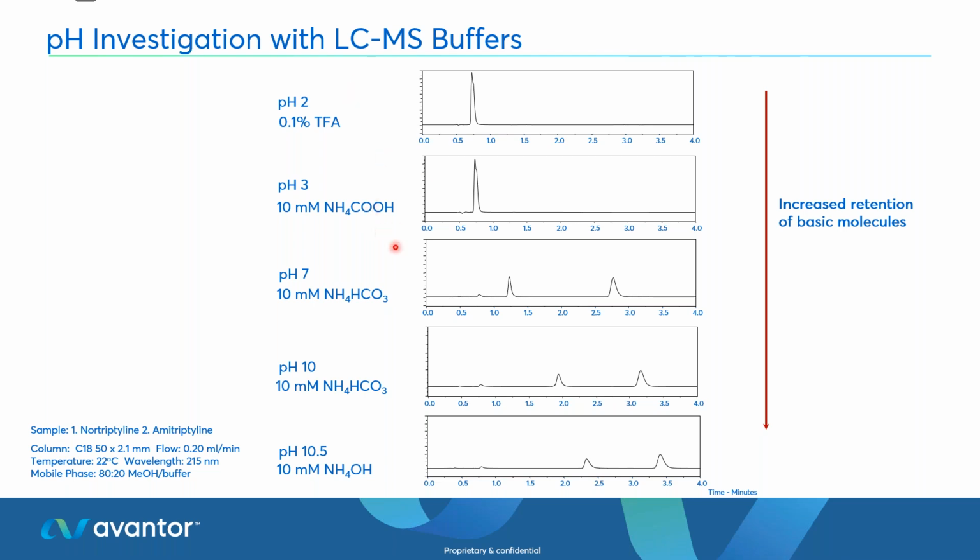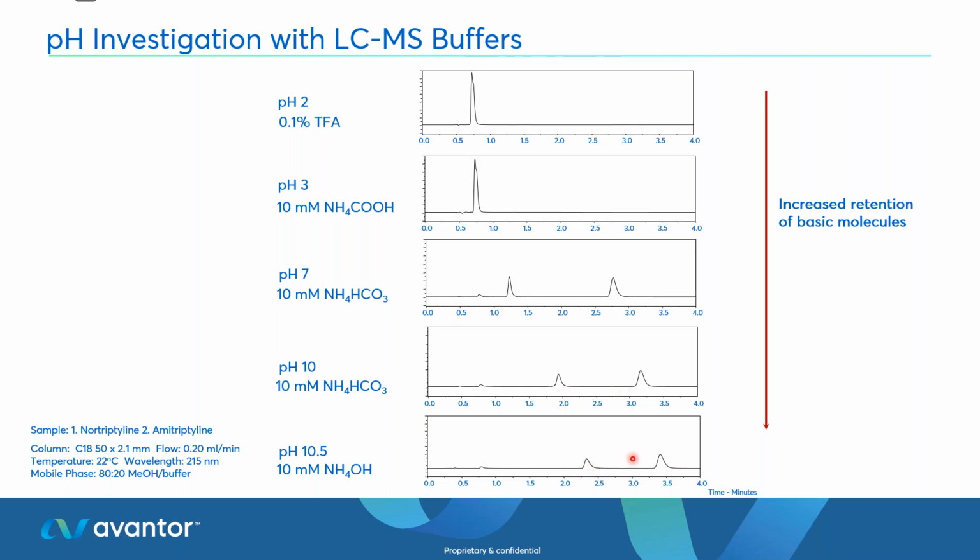And obviously you have to change the buffer to be working within the right pH range. You can see here pH 10 with ammonium hydroxide changed. Oh no, sorry, this is still the same buffer. This one's ammonium bicarb at pH 10. So all I've done is change the pH, but I've changed the retention time, I've changed the resolution, I've changed the K value, I've changed the selectivity.